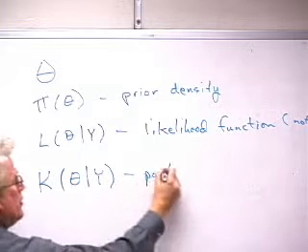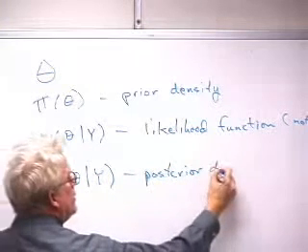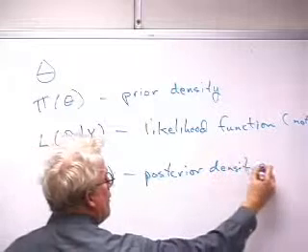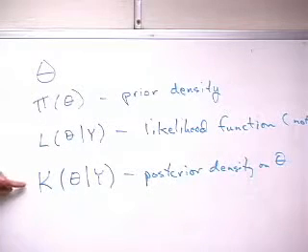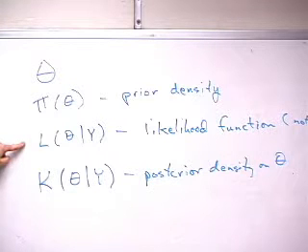There's the posterior density on your parameters, which is how your beliefs about theta must logically change after you've seen the outcome of the data that you looked at.